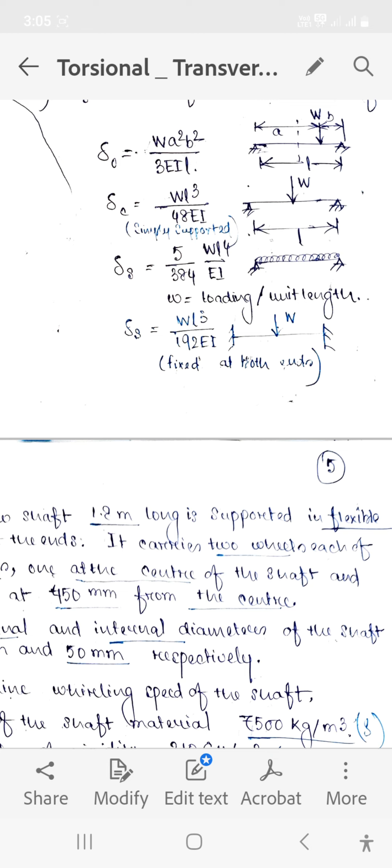But when it is fixed at both ends, due to central load, it will be WL cube by 192 EI. For the central load, if it is simply supported, you can say flexible bearings, then it is 48 EI. But in case of fixed, it is WL cube by 192 EI. So depending on the ends, this will change.